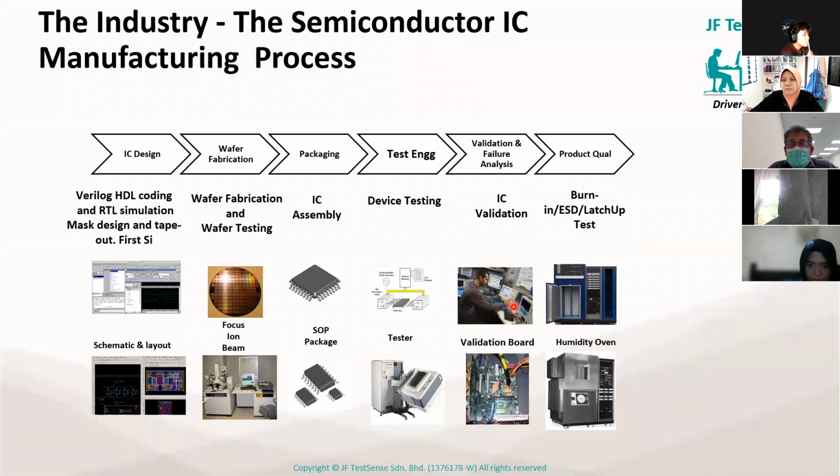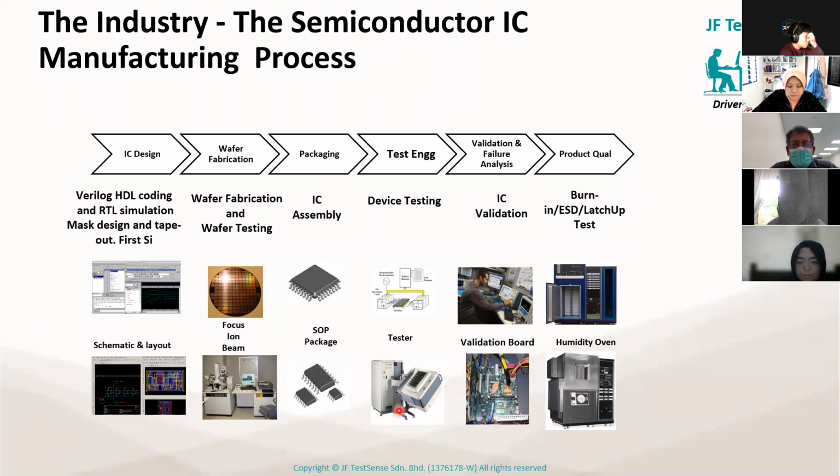If all 100% of the ICs are working, then they can go on to the next step of sending the part out for manufacturing. Then it will go into a factory, and a lot of the factories here in Malaysia will do the final testing in high volume. So in short, this is the life cycle of an integrated circuit.